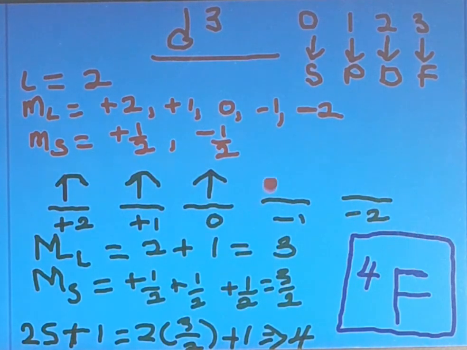Then if we still have remaining electrons, we pair them, but we change the spin. But since we have only 3 electrons here, we can only fill with just 3 electrons, 1, 2, 3, all in the same spin. So we obey Hund's rule. We obey also the Aufbau rule.